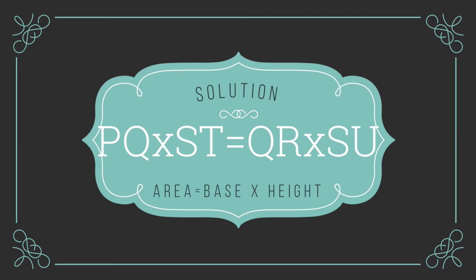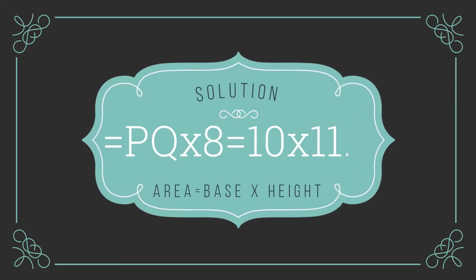So PQ multiplied by SG. PQ is the base. Also, the base is the place where the height lies and makes an angle. As you can see, SG is the height, and it is showing how tall the thing is. And then 8 multiplied by PQ, so PQ multiplied by 8 is equal to QR multiplied by SU.